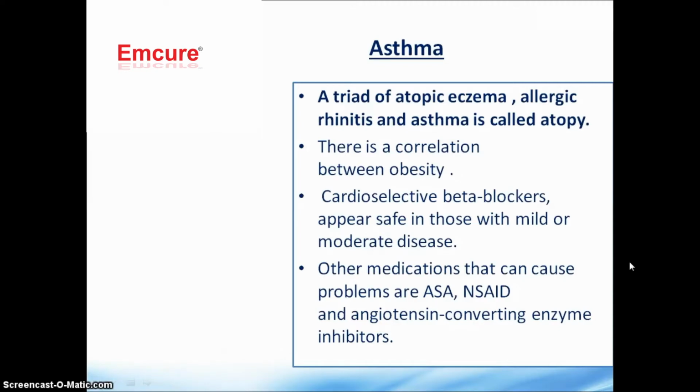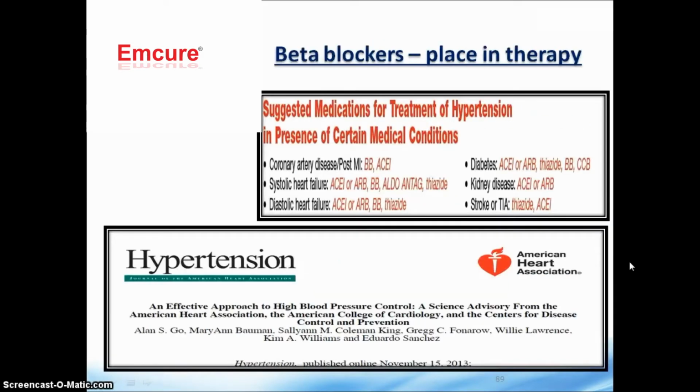So we have to be careful while prescribing these medications to patients who have chronic or bronchial asthma, or patients who have a triad of atopic eczema, allergic rhinitis, and asthma. Though cardioselective beta blockers can be given safely in mild to moderate disease forms.